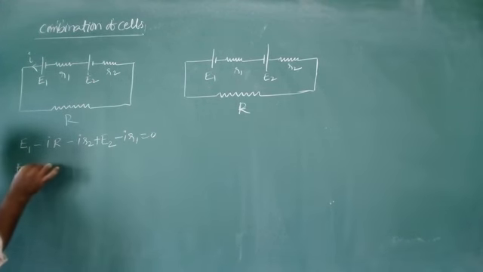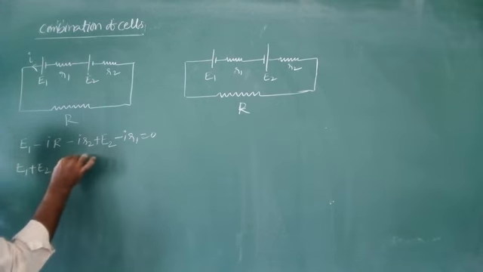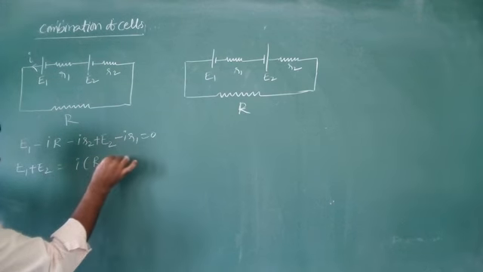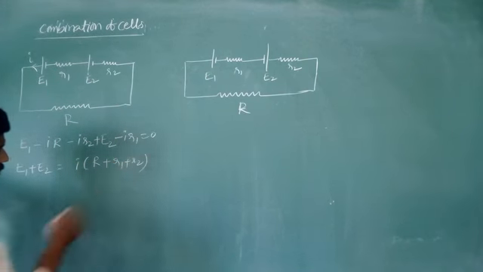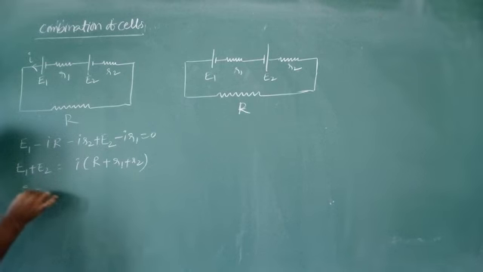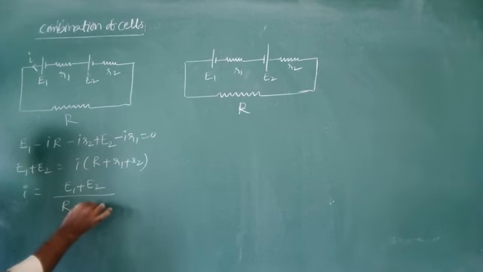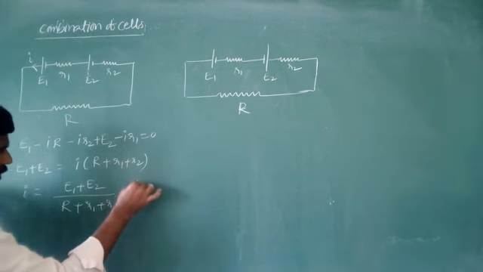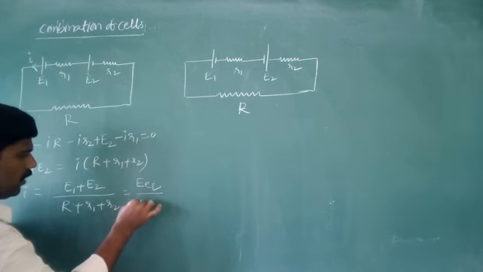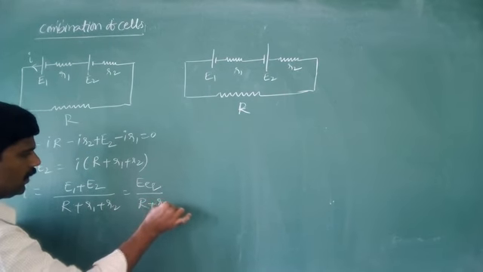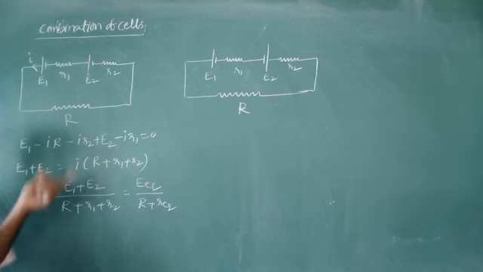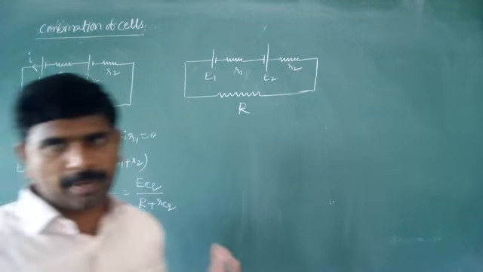Here E1 plus E2 is equal to I into capital R plus R1 plus R2. So I is equal to E1 plus E2 whole by capital R plus R1 plus R2. Actually, this is R equivalent by R plus R equivalent. This is in case of the helping manner.